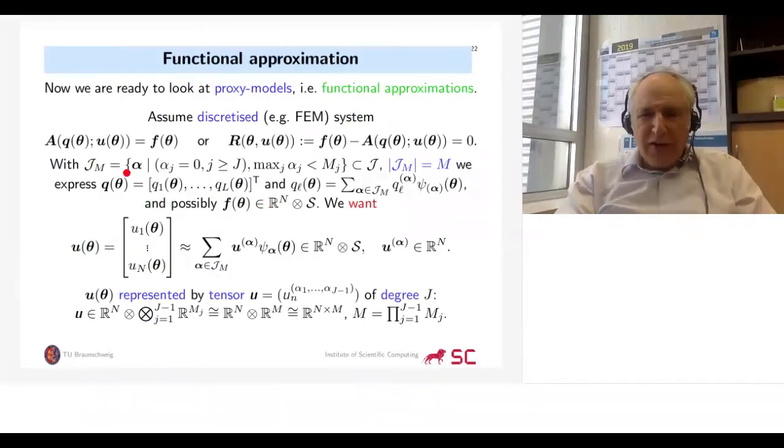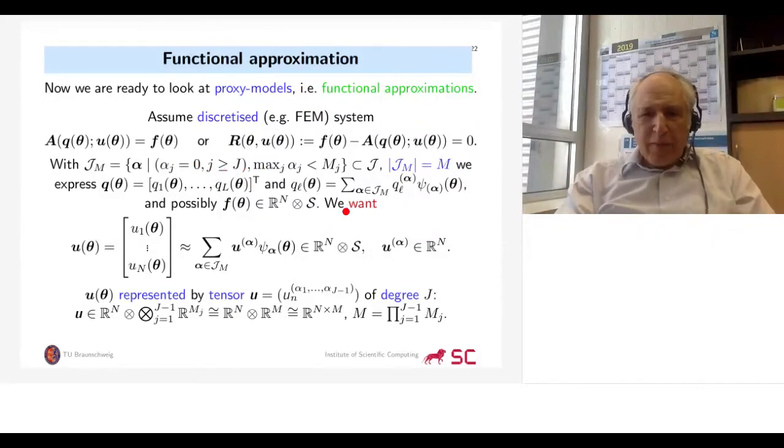It's a finite subset of all of them. What we're going to do is limit the maximum degree of each polynomial in each random variable. And we also take only up to position capital J, and when it's larger than capital J, they're always zero. So they have maximum length capital J and not more.